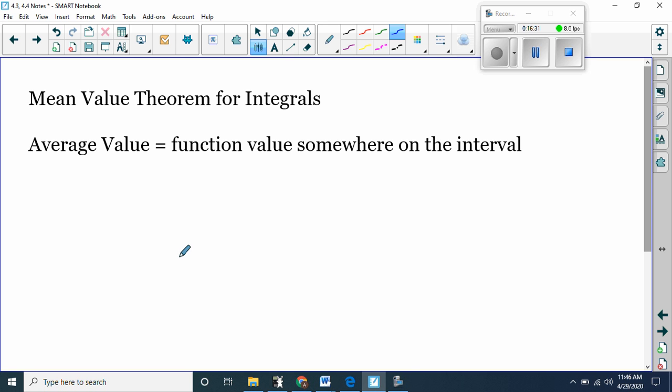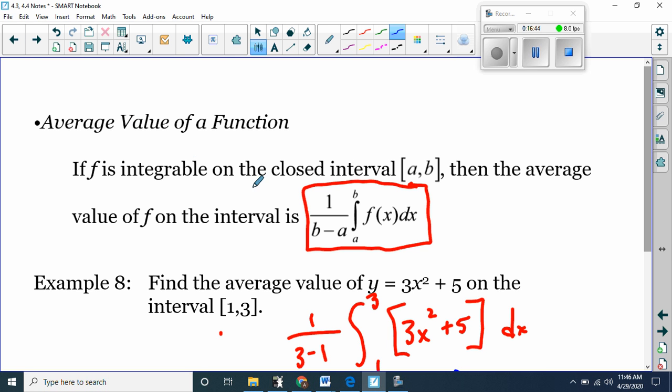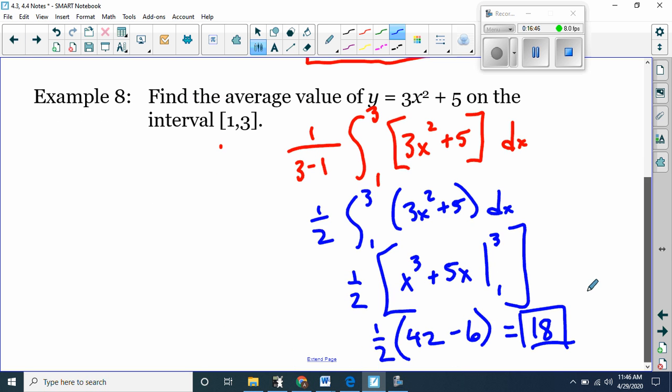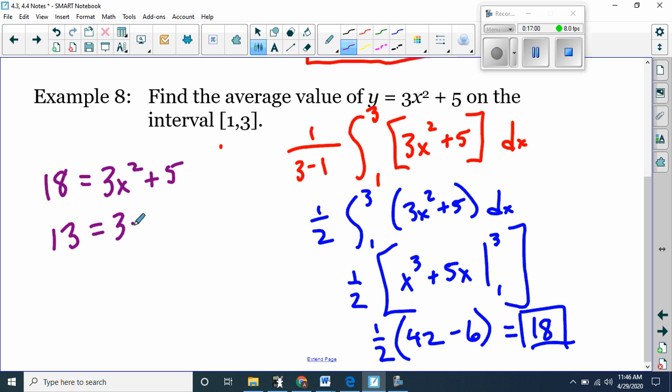So if we had that previous problem and it said, use the mean value theorem for integrals to find the value of c, we would find the average value, we would do all this work right here, and we would get 18. And then we would take that 18 and set it equal to the function. 18 equals 3x squared plus 5, and solve for x. And that's all there is to it.